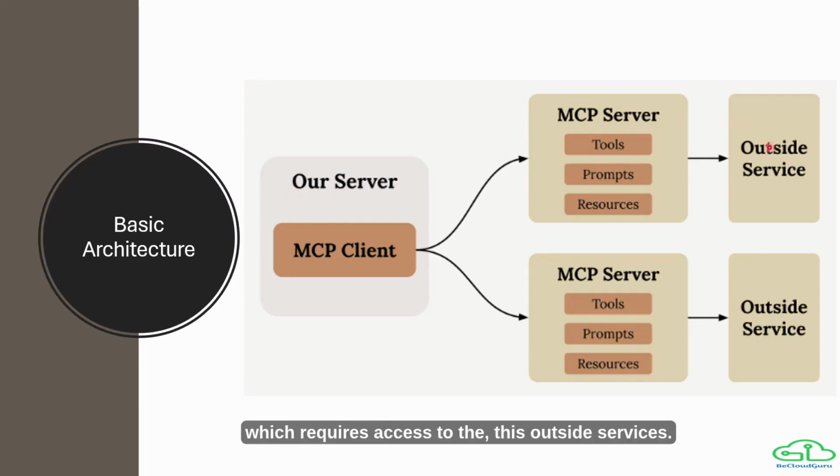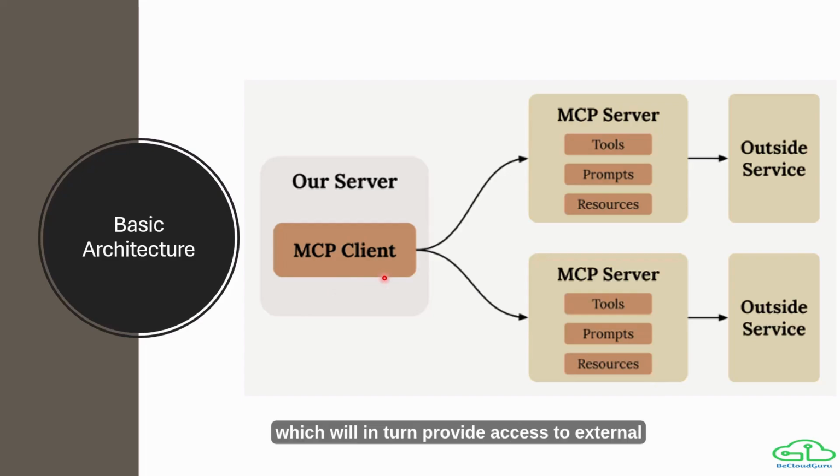It will invoke the MCP client which is there on that specific host, and with the help of the MCP protocol, it will access MCP servers, tools, prompts, and resources to reach the external services. So basically, host is your AI LLM application which has an MCP client, and then this will get connected to MCP servers, which will in turn provide access to external services.